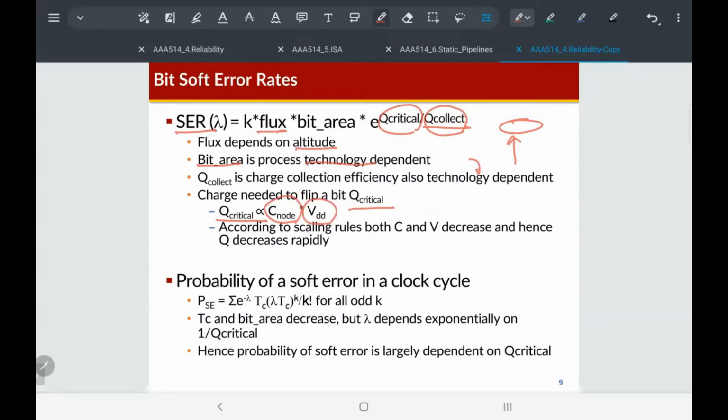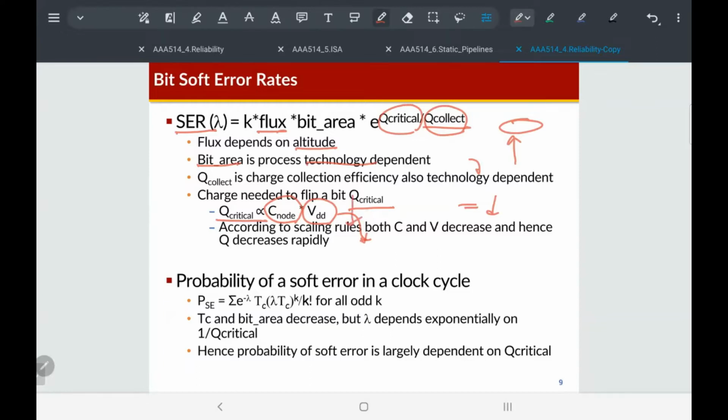So what's the issue in the more advanced semiconductor technology? Capacitance is reducing because the size of a transistor is decreasing. Also, the supply voltage is lower compared to the old devices.